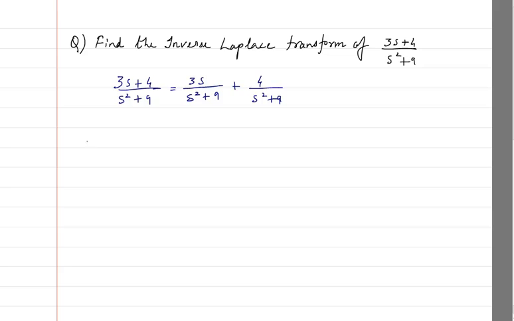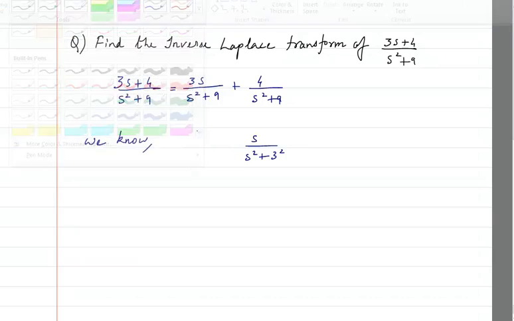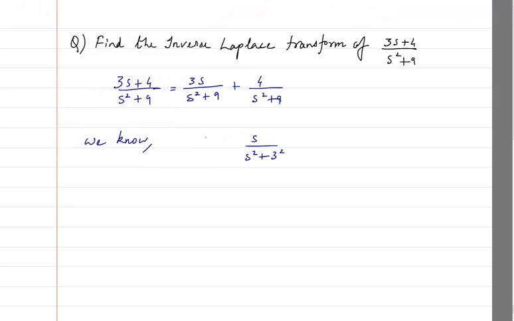Okay, so we know s divided by s square plus 9, which is the same as s divided by s square plus 3 square. I will just write, we know that the Laplace of, not sine, cos, isn't it?